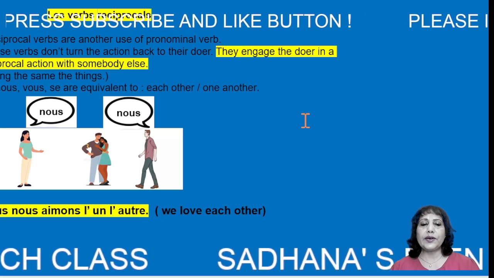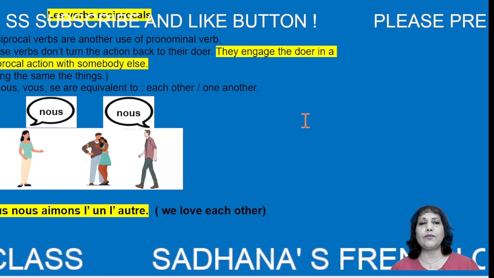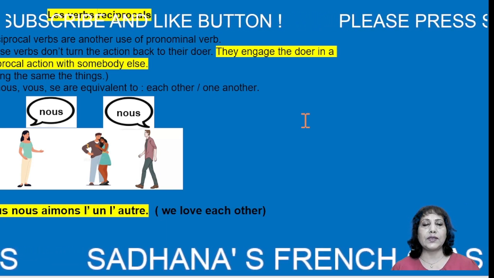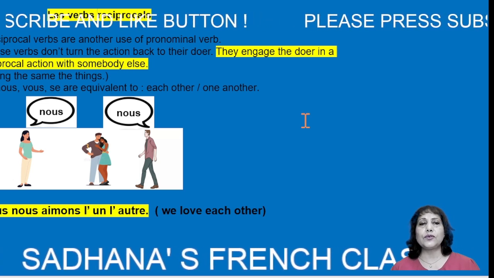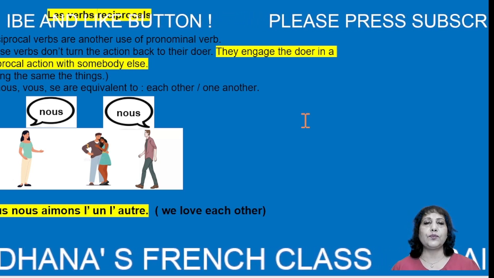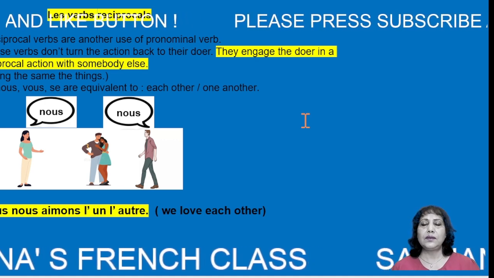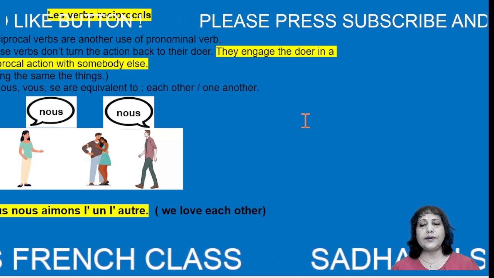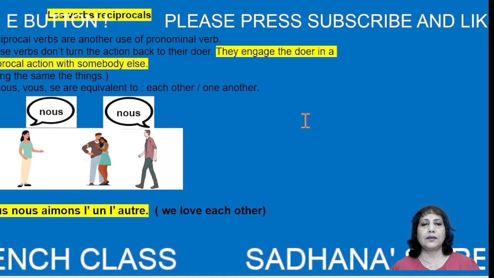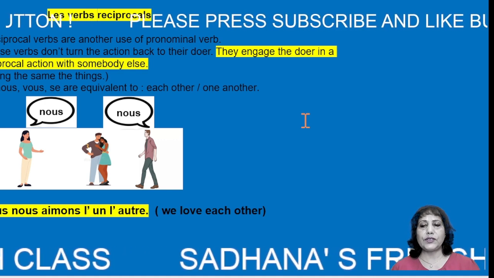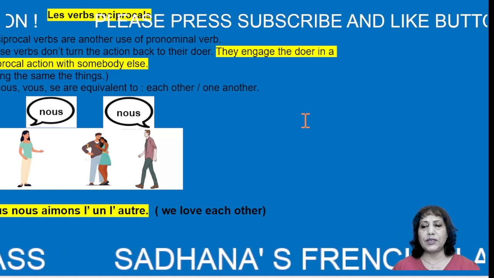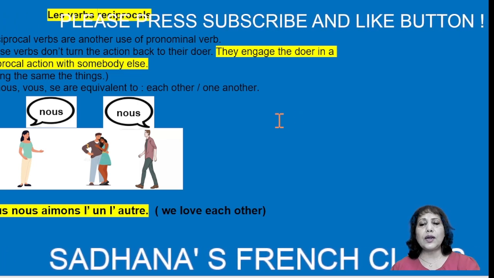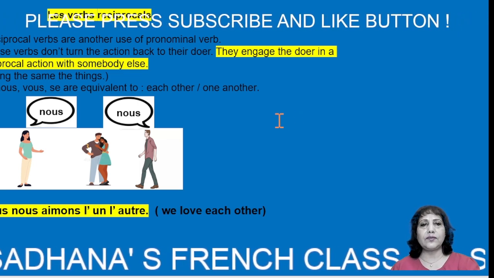So you must be wondering what it is. So far I have been telling you pronominal, reflexive, the same. Even the reciprocals are the same as pronominal reflexive, and when we conjugate, the reflexive pronoun will change according to the subject pronoun. Okay, but what is the difference between reflexive and reciprocal?